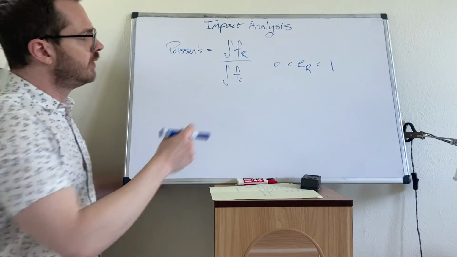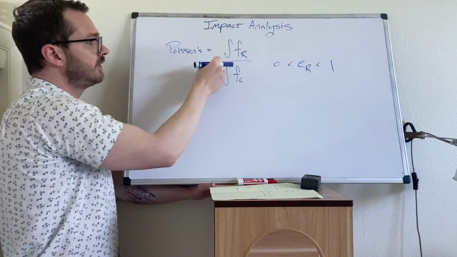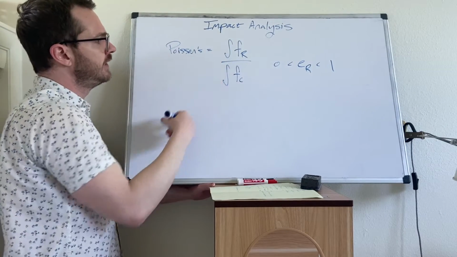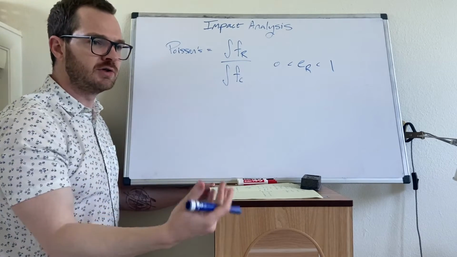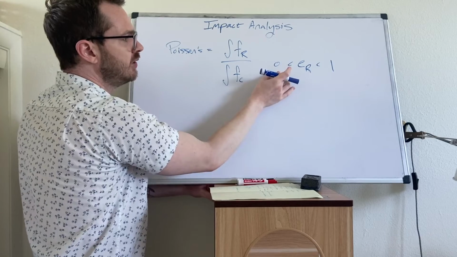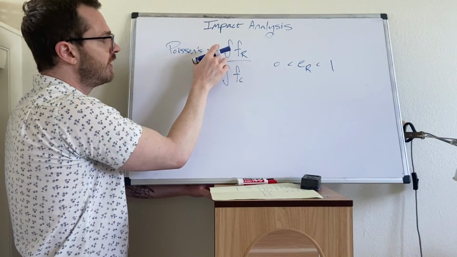What would a coefficient of restitution of 1 look like? That means, again, that these two values are equal to each other, and no energy is lost during the collision event. What if you have a coefficient of restitution of 0? That means that there are no restitution forces.